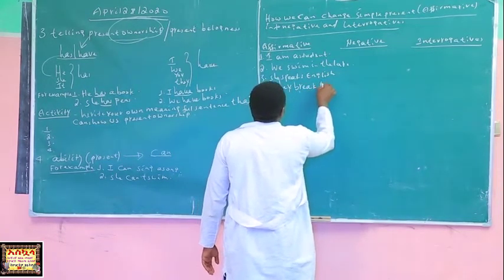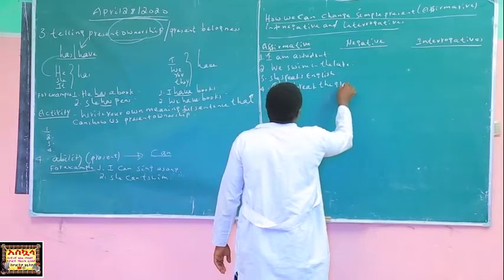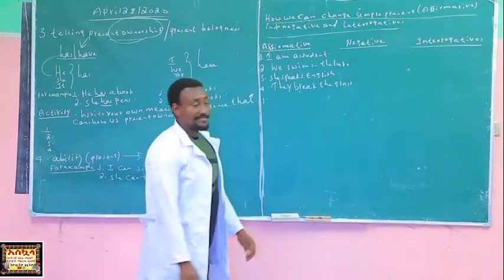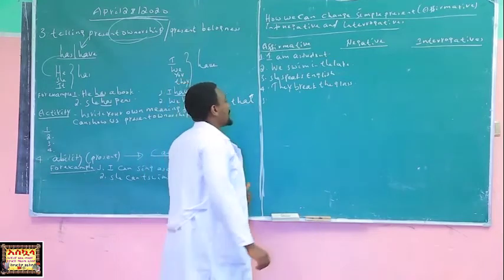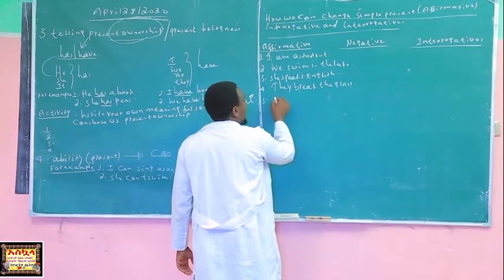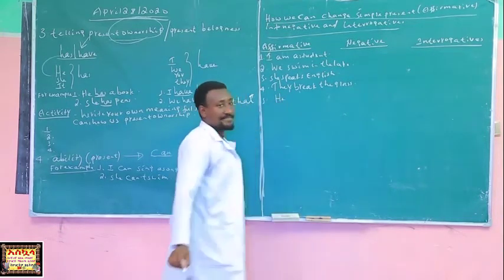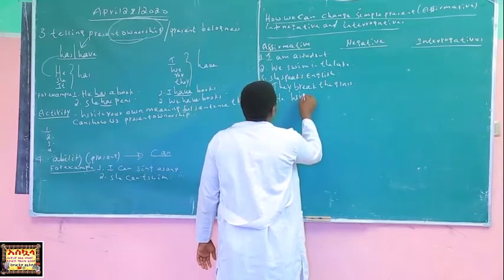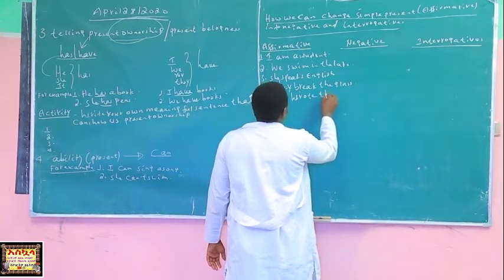They break what? The glass. Good. The fifth one, it should be past tense, so we're not constructing with he. He wrote the note.